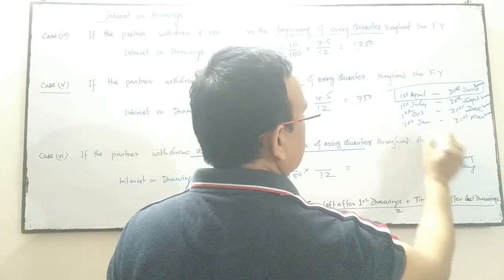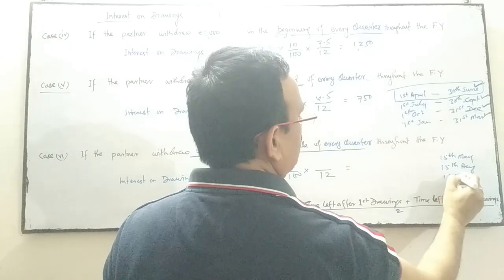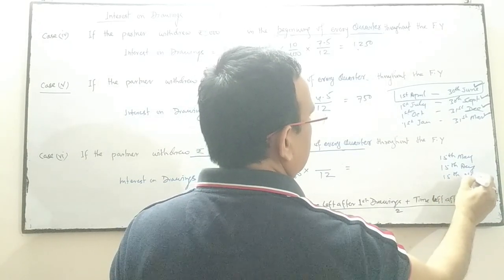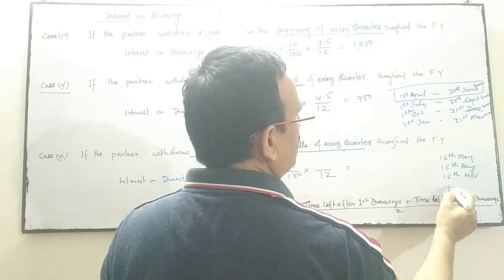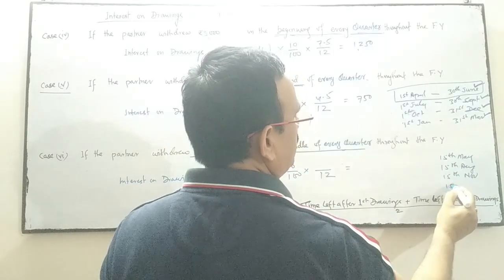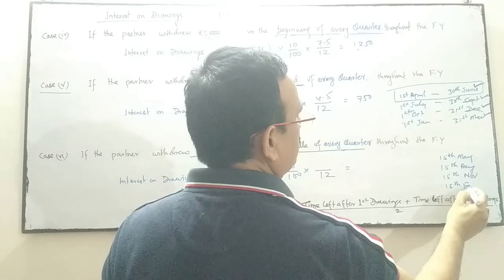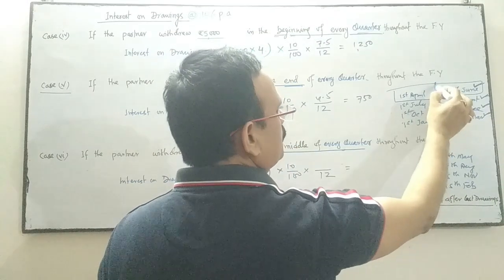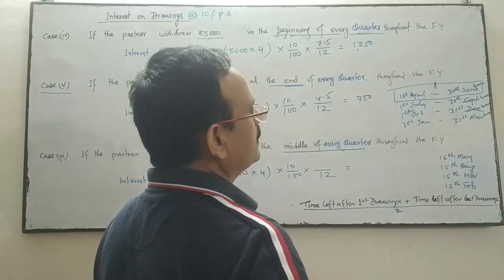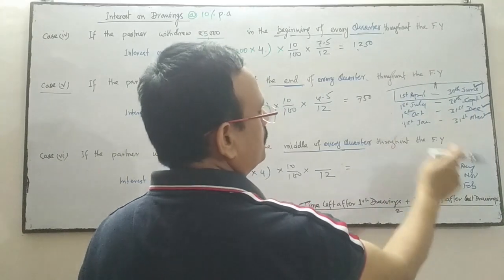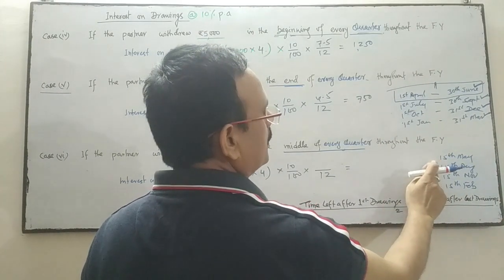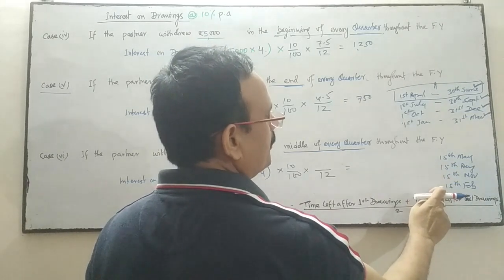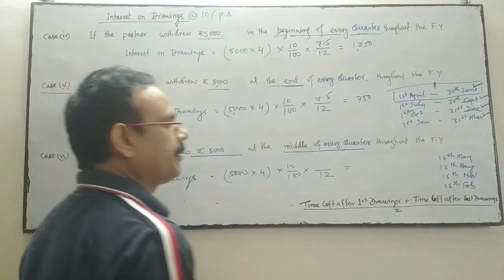Then October, November, December, 15th November, and 15th February. At the mid of every quarter, the first mid is 15th May, then 15th August, 15th November and 15th February.